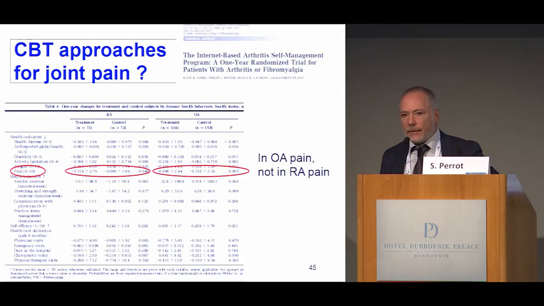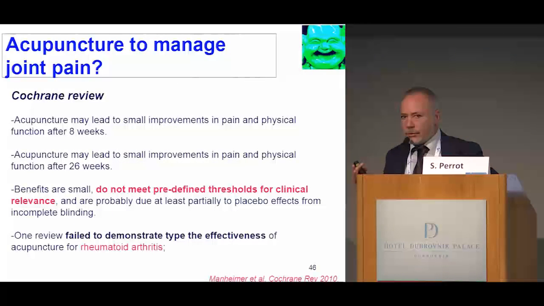But non-pharmacological approaches are probably much more interesting in these patients. Here is a study on CBT, cognitive behavioral therapy, that demonstrated efficacy in osteoarthritis pain, but not in rheumatoid arthritis pain.